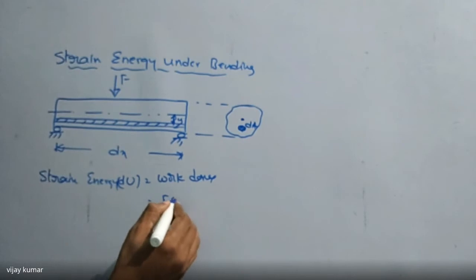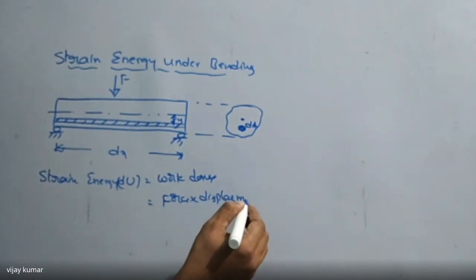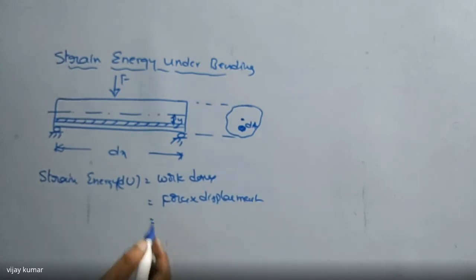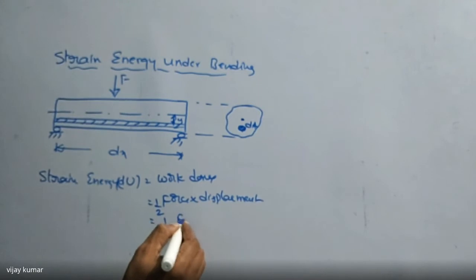Force we can take as average force, so half into F_B bending force into displacement, that is delta L, the deformation of the body. Or we can write F_B into L also.